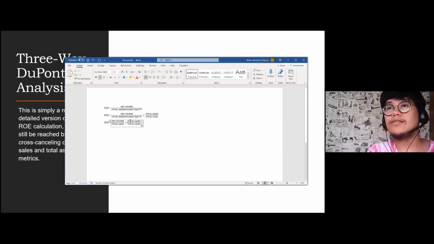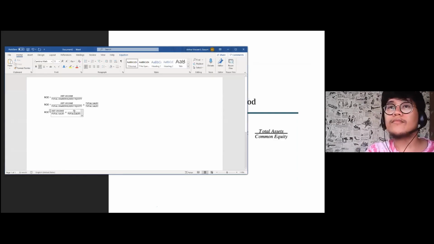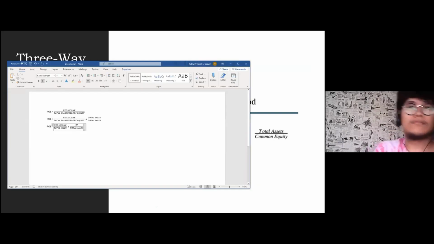And this is your total shareholders equity and the total sales.